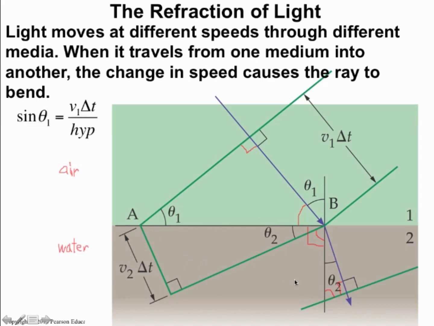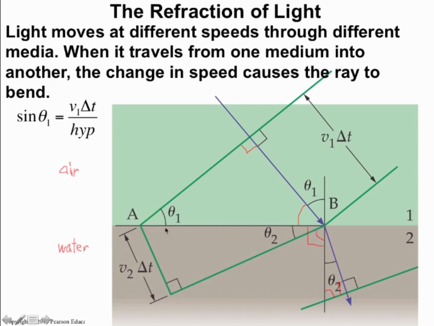So let's start with sine theta 1 equals V1 delta t over hypotenuse. All right, why is this true? Well, V1 delta t is this distance here. And so that's this portion. Sine is opposite over hypotenuse, so sine of theta 1 is opposite, which is V1 delta t, over hypotenuse, which is this line right here.